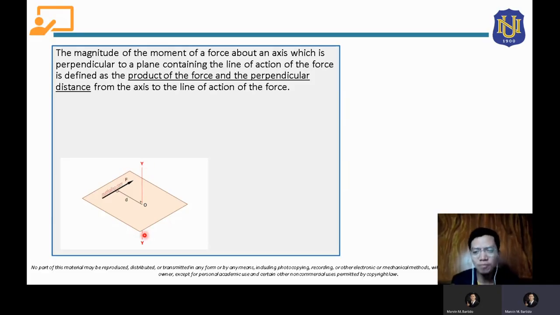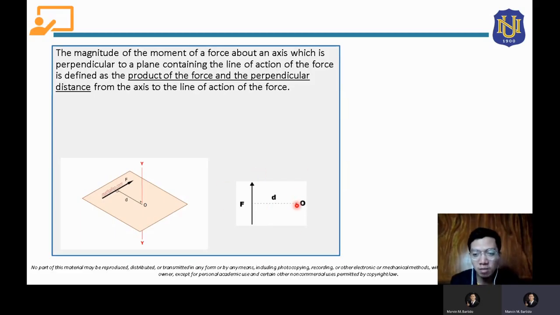The distance d and the force F give the magnitude of the moment of the force F about this axis. Now, if we are in two-dimensional, let's say we have this same force and this y-axis and this point O. If it's in two-dimensional, it will no longer be an axis. If we look at its top view, this y-axis will now be a point here in two dimensions.